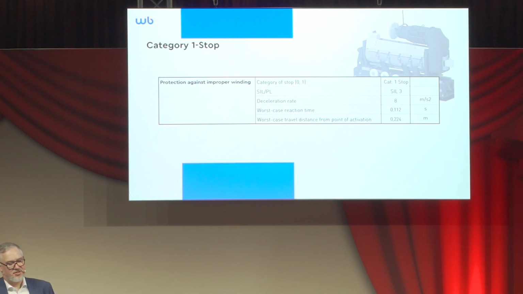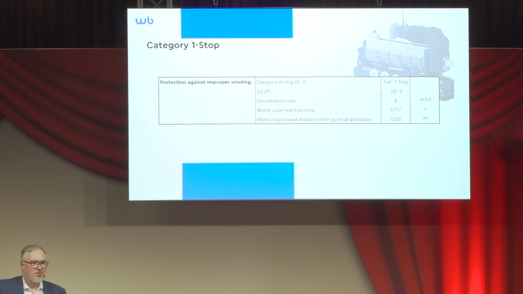So the mechanical design engineer says, I want to have, in this case, for this winch, 8 meters per second square deceleration rate as an emergency stop rate. And regardless of what will happen, regardless of the load case, if it's going with full speed, if it's going with a lower speed, if it is fully loaded or an empty bar, it will always apply this category 1 stop, 8 meters per second square, resulting in a worst case reaction time.